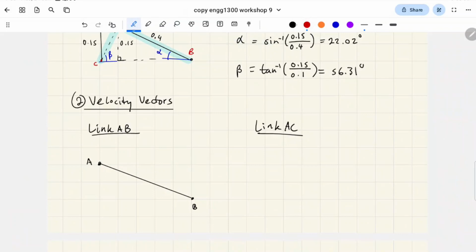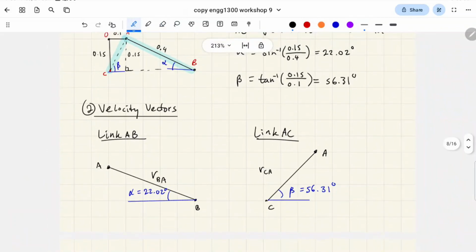What I'm going to do is call this RBA, that was alpha, and this one was beta, RCA. All right.